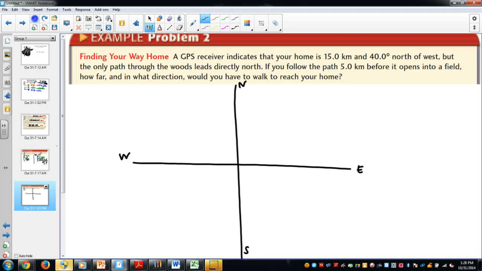Your home is 15 kilometers and it's 40 degrees north of west. So here's west right here, and then I go 40 degrees north of it. See how I went 40 degrees north of west? So here's my 15 kilometers, and here's where my home is.